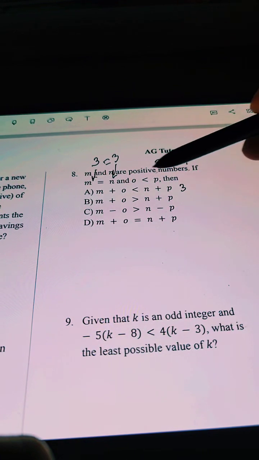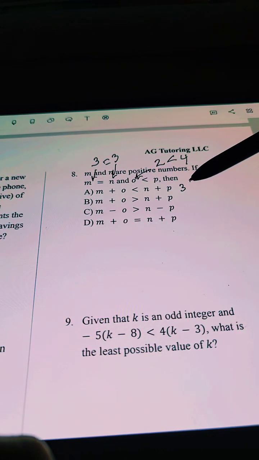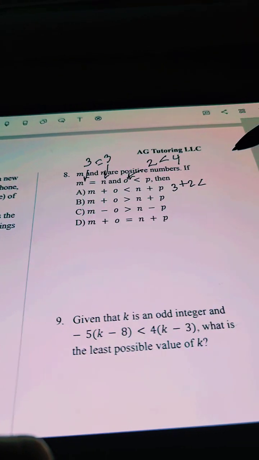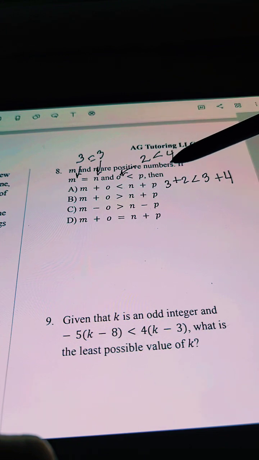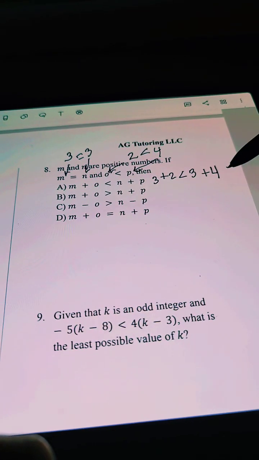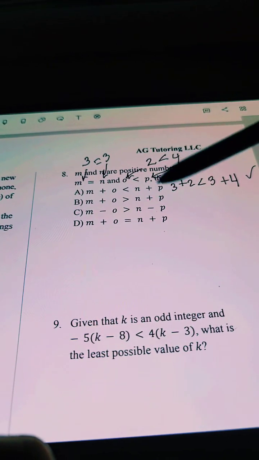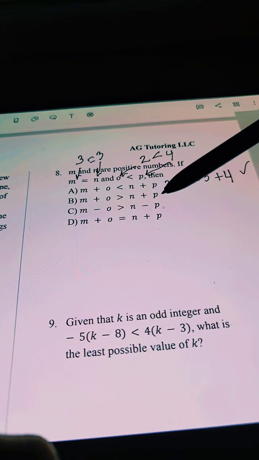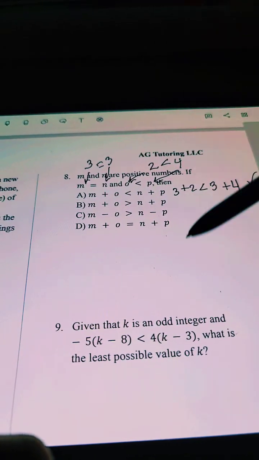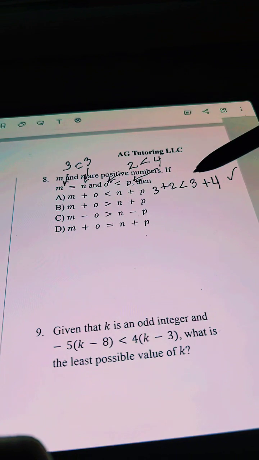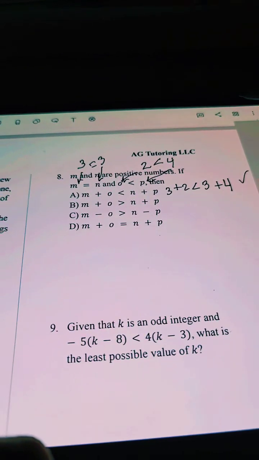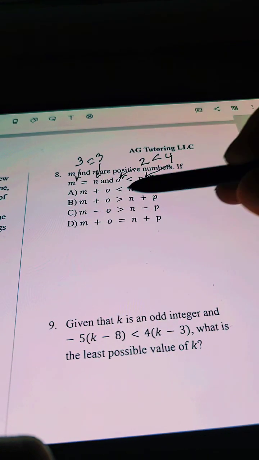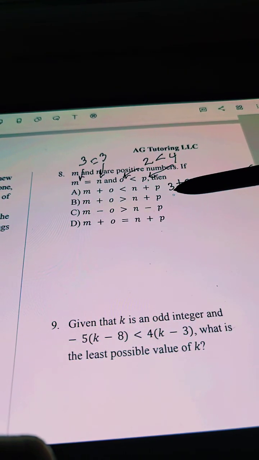So if O is 2, 3 plus 2, is that going to be less than 3 plus 4 for P? And yes, it is. Now, I would encourage you to plug in for each of them just to make absolutely certain that it eliminates all of them. Because again, sometimes this trick for plugging in does not work with all numbers that you pick. So let's see if that happens here or if we get lucky.